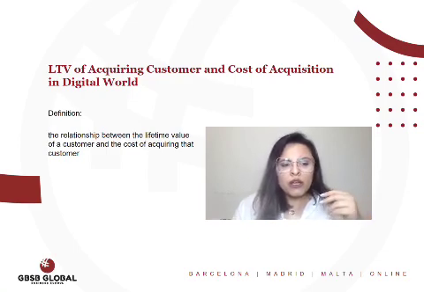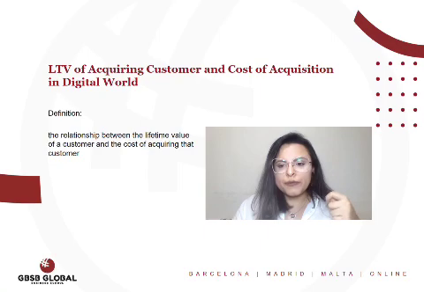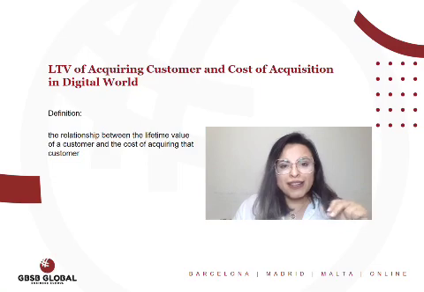It measures, as you already said, the relation between how much you are paying in order to acquire this customer, and in return how much this customer is active toward buying our service or product. So it's an indicator of client profitability and sales and marketing effectiveness and efficiency.